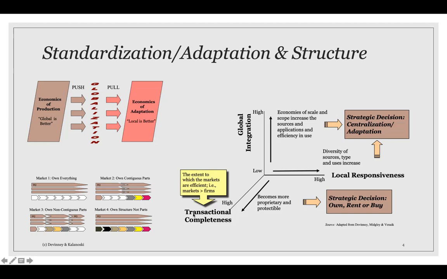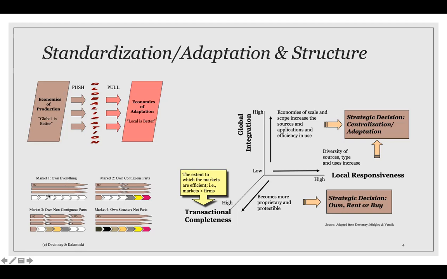You need also to look at the nature of what we call transactional completeness, but effectively start to ask the question: do I own, rent, or buy components of the value chain? And these three things together, particularly this transactional completeness, tell you how to structure yourself.